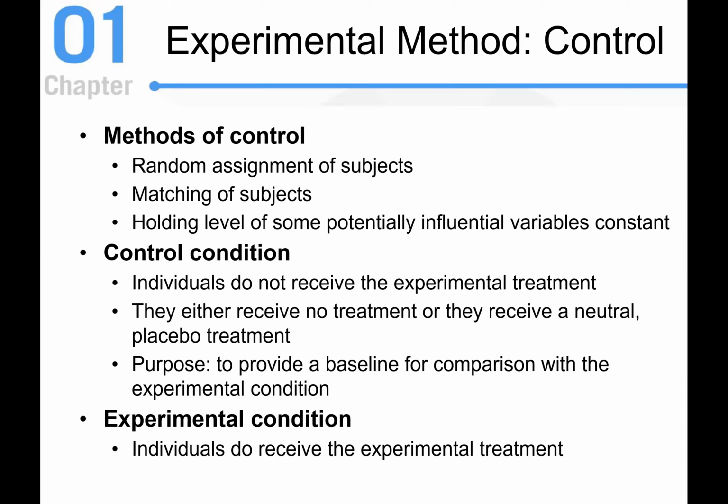So if we're trying to see if a medication works, we'll have two or maybe even three groups. We'll have one group who doesn't get the medication. We'll have another group who does get the medication. That's called the experimental condition. The one who doesn't get the experimental medication is in the control condition.